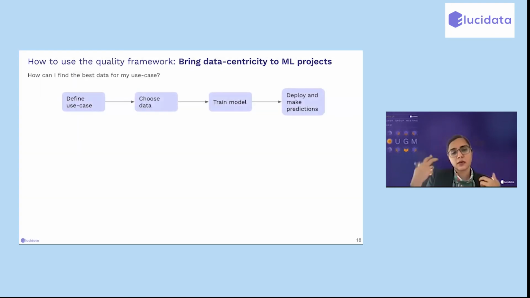Now, a second really important use case that I want to highlight, where you can use the quality framework, is to bring data centricity to ML projects that you're doing.